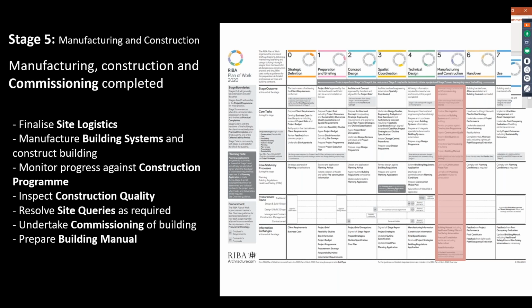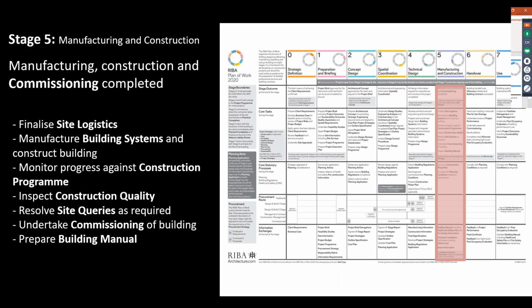And of course, as we get towards completion, the commissioning of the building and the preparation of a building manual. And of course, who does those tasks will vary depending on the procurement route and how the client has set up the project team.